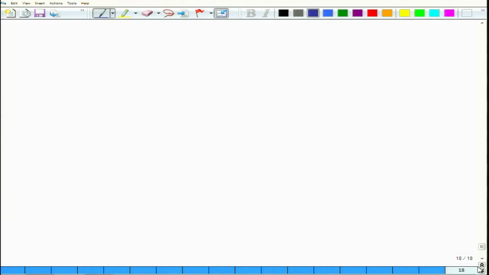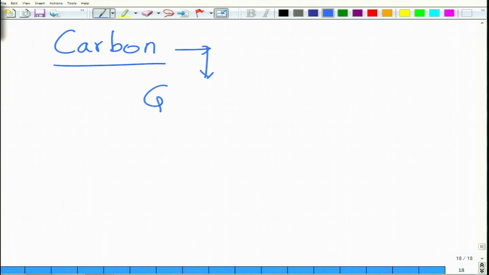For example, I will give you the example of diamond, carbon. If you leave carbon for a long time, the thermodynamic stable state of carbon has two forms: one is graphite, second is diamond.